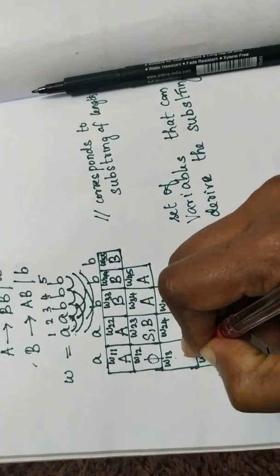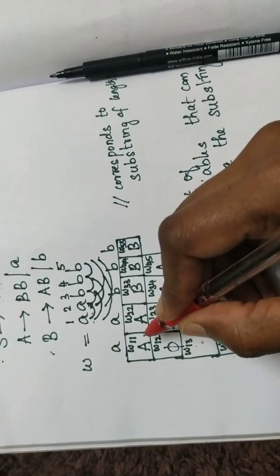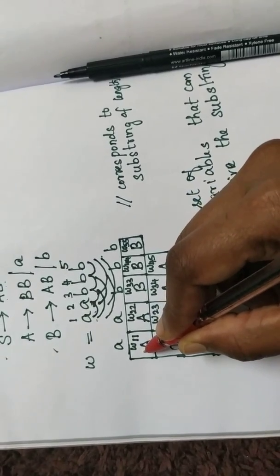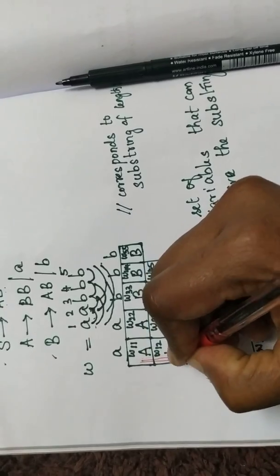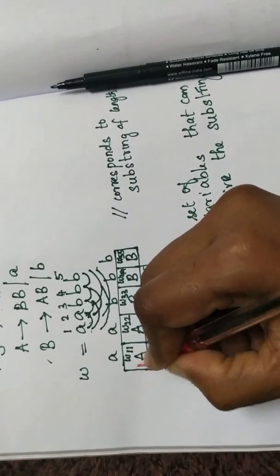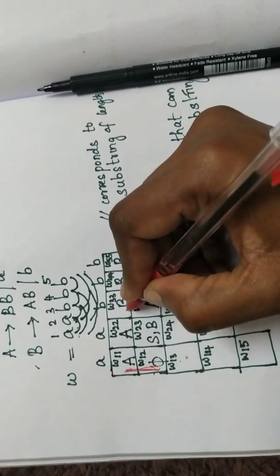So here, to find the value of this cell, we are going to take the variables that we have found from the above 2 cells, and diagonal to this cell.